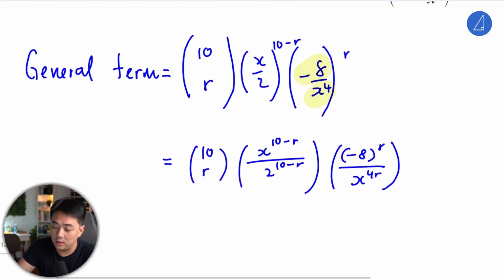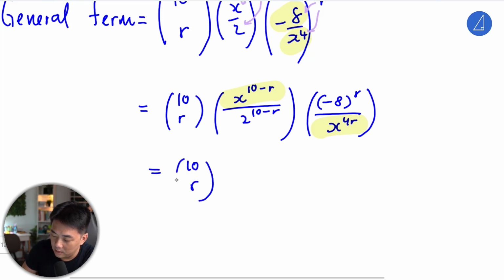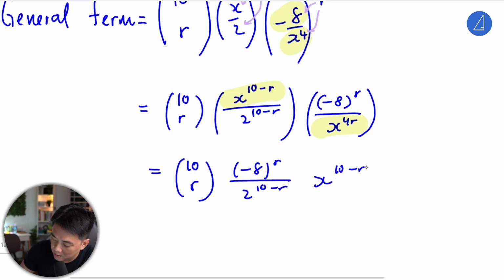Okay, so let's distribute them in. So once done, I'm going to group the x and the x together, and the constant out. Okay, the constant, I'll just leave it as 10 choose r, half to the power 10 minus r, minus 8 to the power r, whereas x is to the power 10 minus r minus 4r, because this is x to the power 10 minus r over x to the power 4r. So you just minus that, right?